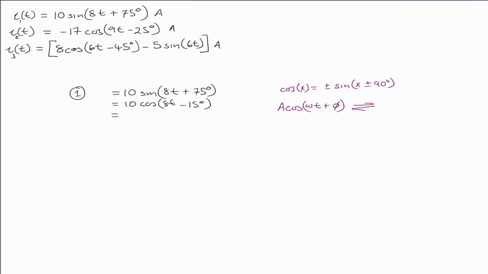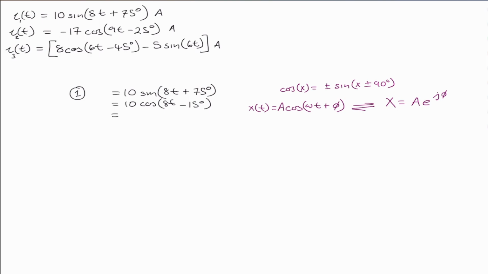The phasor counterpart of x of t would equal A, the magnitude A, times the complex exponential e to the j phi.